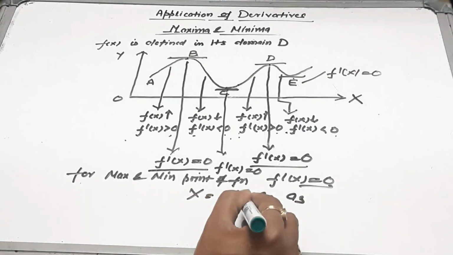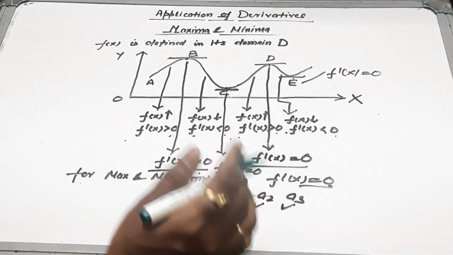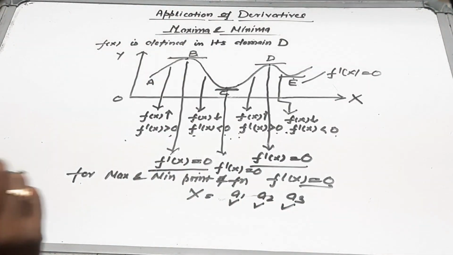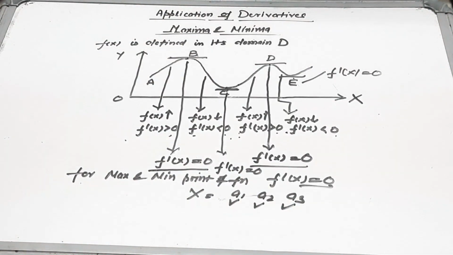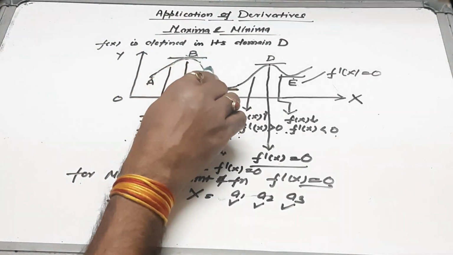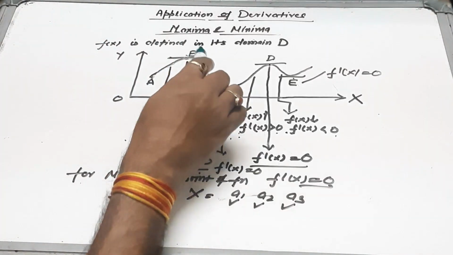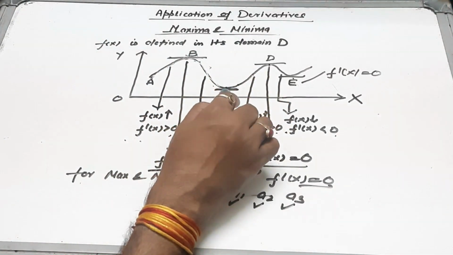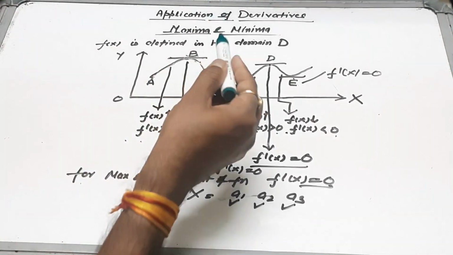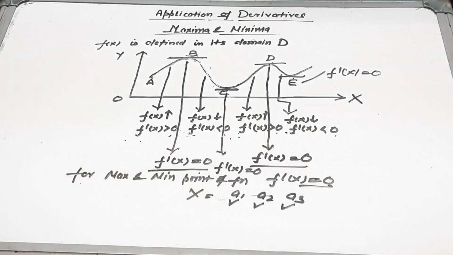So at x equal to a1, x equal to a2, x equal to a3, the function will take either a maximum value or a minimum value. So the conclusion is that between the increasing and decreasing part of the function you will get maxima. Between the decreasing and increasing part of the function you will get minima. There may be more than 2 maxima and there may be more than 2 minima.